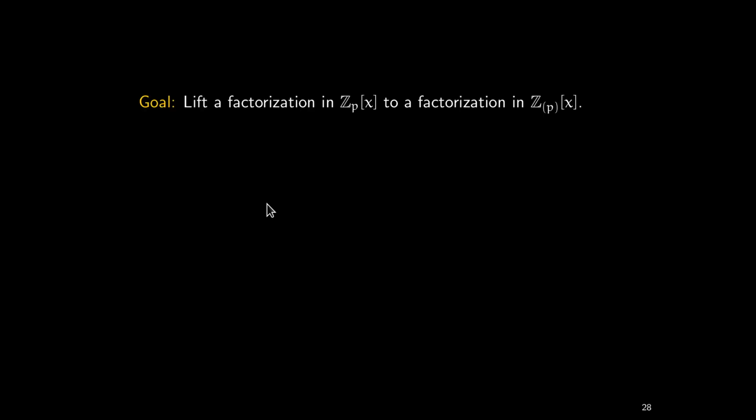Now that's what we want to do more generally. So we assume that we have polynomials over a finite field, and we have a factorization of such a polynomial, and the question is now, can we turn such a factorization into a factorization of the same polynomial over the p-adic integers?